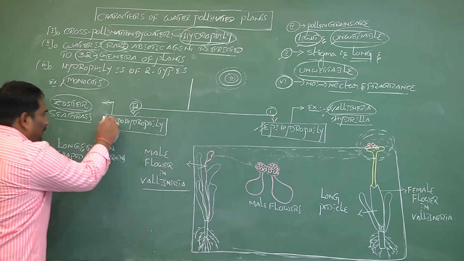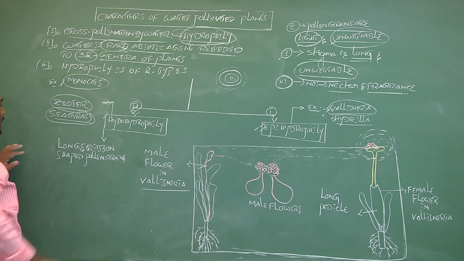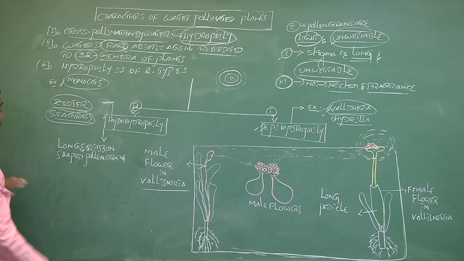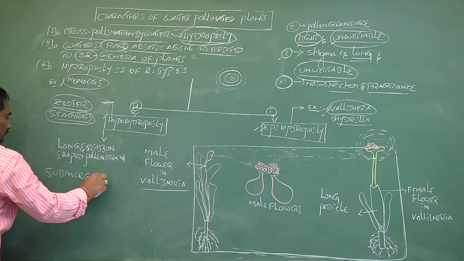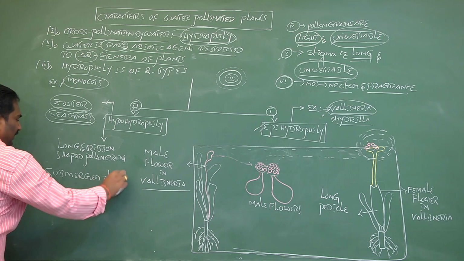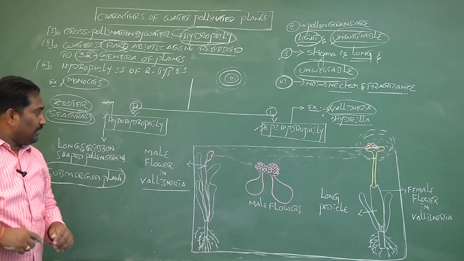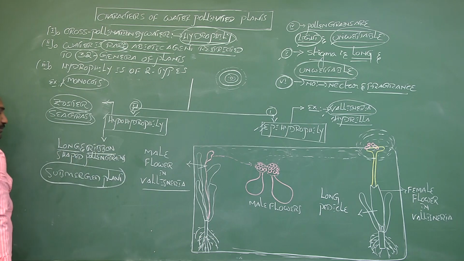Whereas in the type of hypohydrophily, for example, the marine aquatic seagrass commonly called Zostera, it is a submerged plant. Whenever the plant is submerged, suspended inside the water, the pollen grains in seagrass are long and ribbon shaped.